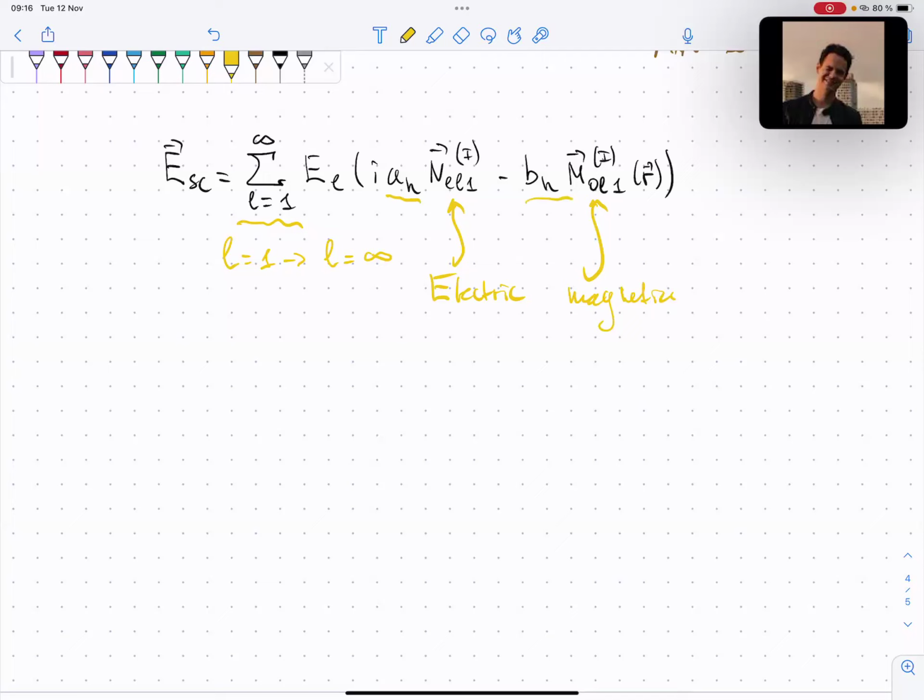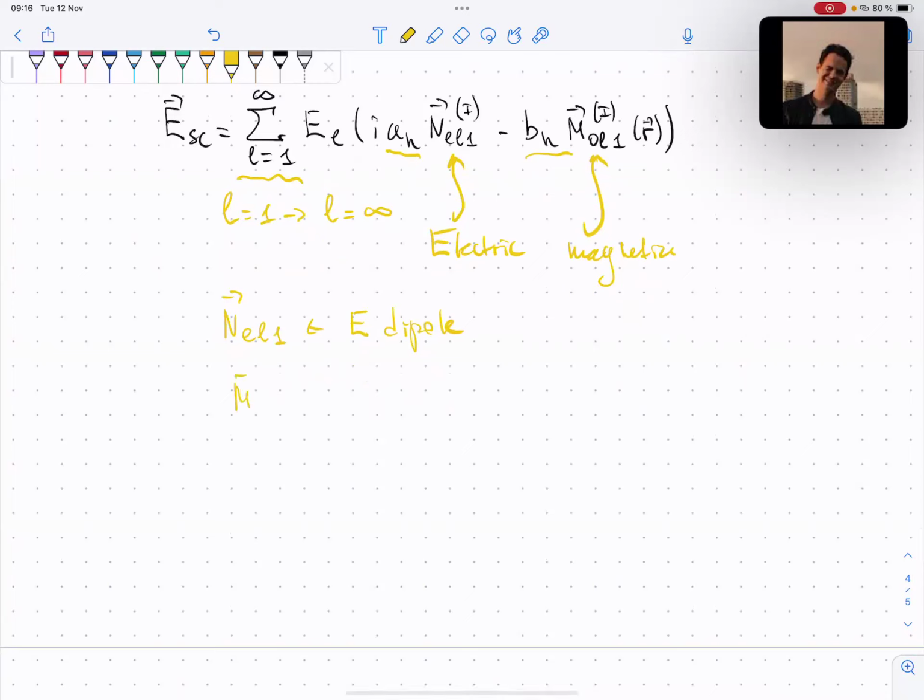So the harmonic EL1 corresponds to the electric dipole. For example, the harmonic ML2 corresponds to the magnetic quadrupole.